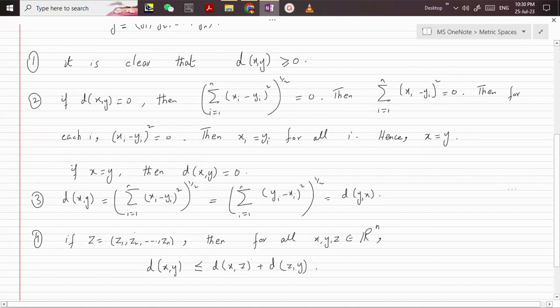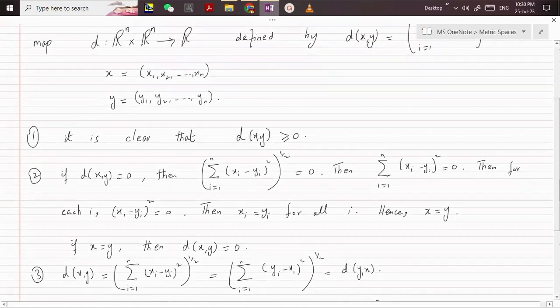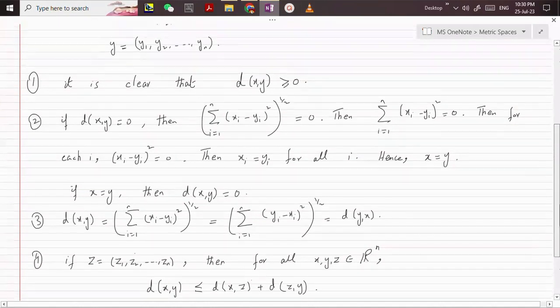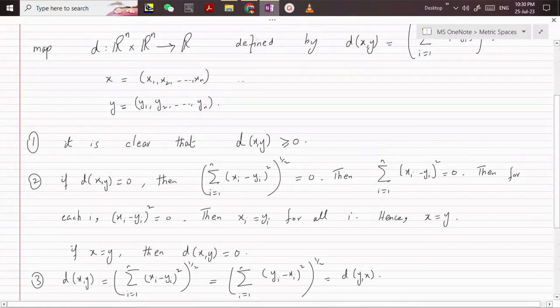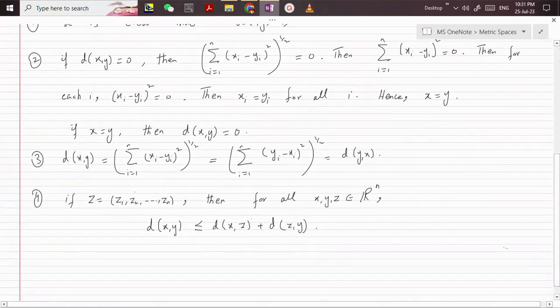This is the triangle inequality. And x and y were taken in the beginning, so no need to mention them again and again. I have just taken z, so for all x, y, z belonging to Rn, we must show that this inequality holds, which is called the triangle inequality.